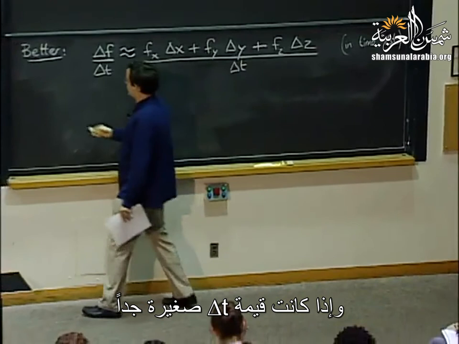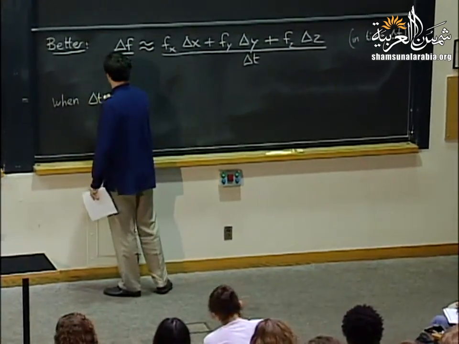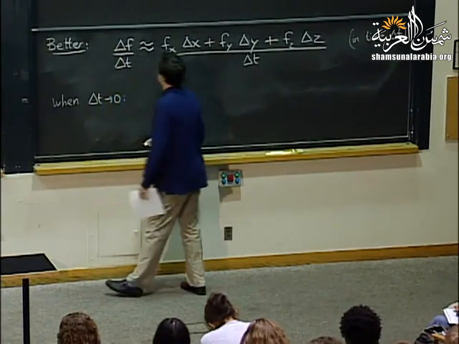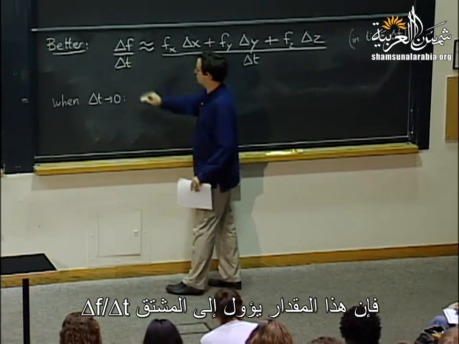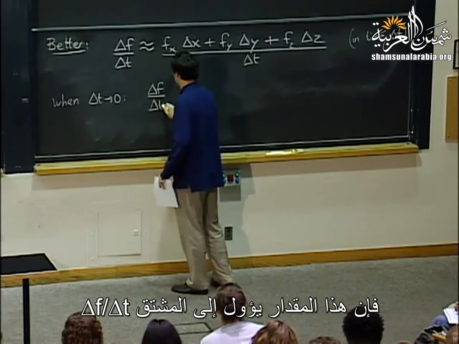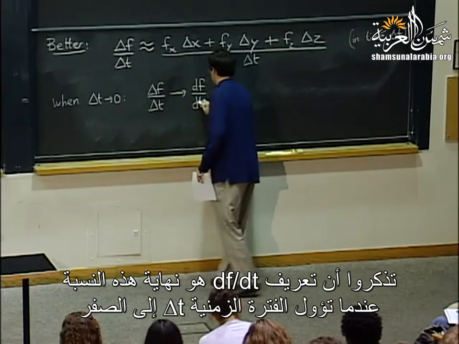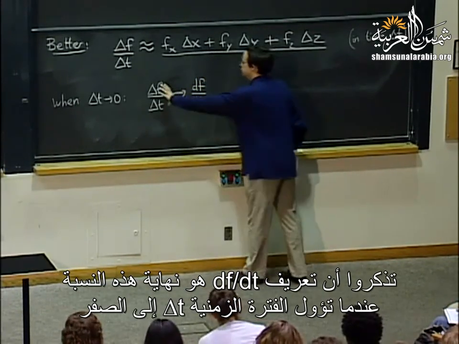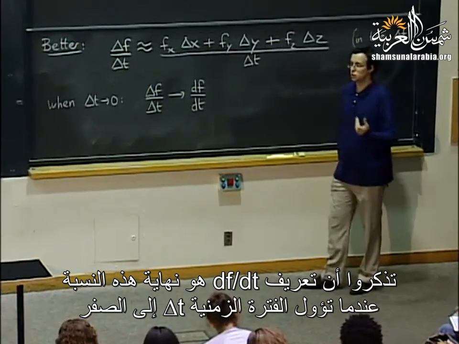And now, if I take delta t very small, then this guy tends to the derivative, df dt. Remember, the definition of df dt is the limit of this ratio when the time interval delta t tends to 0.